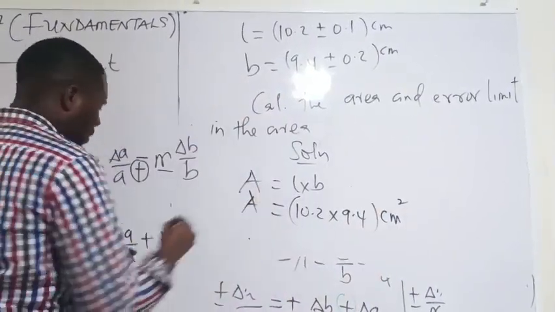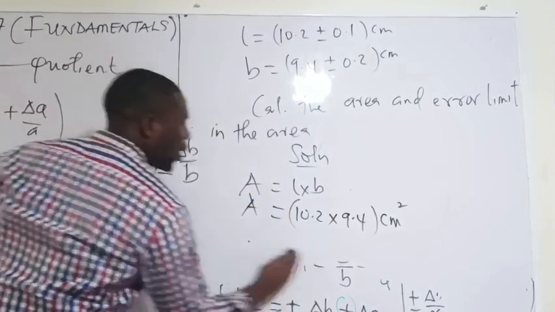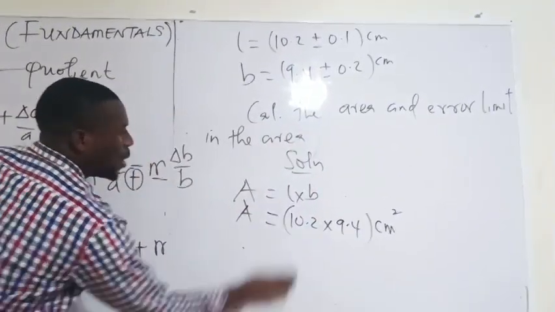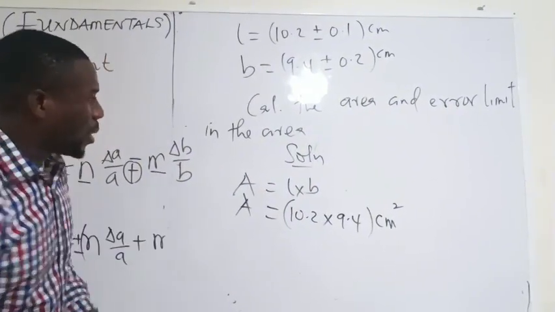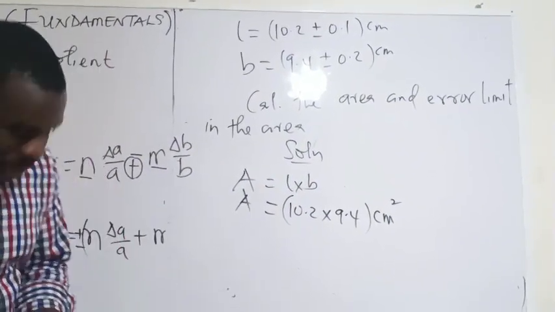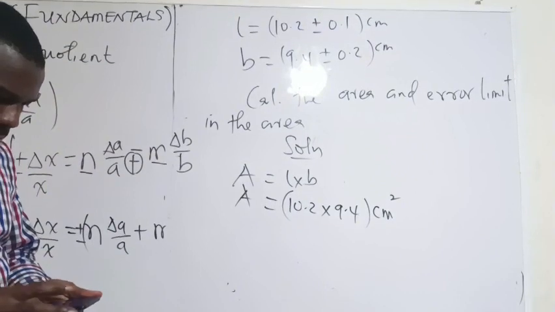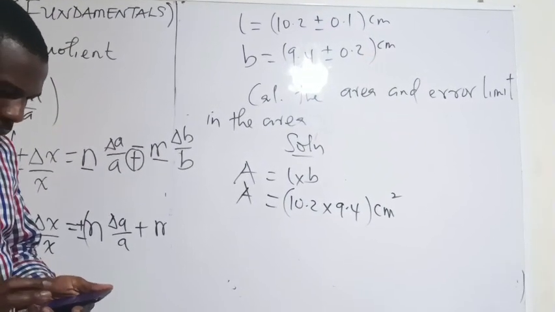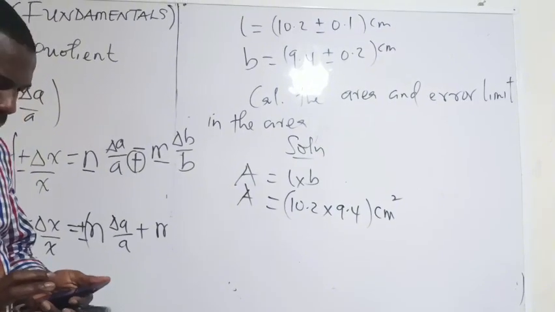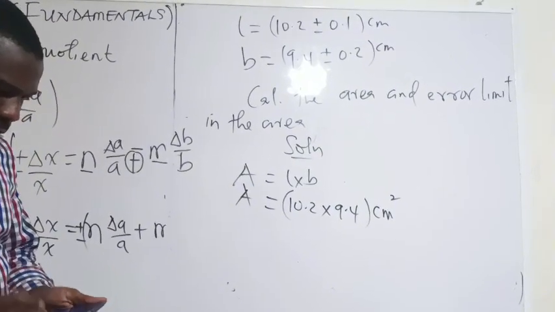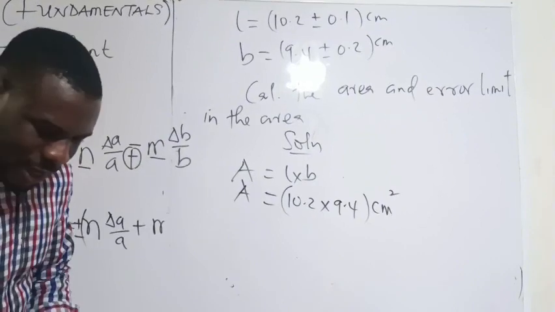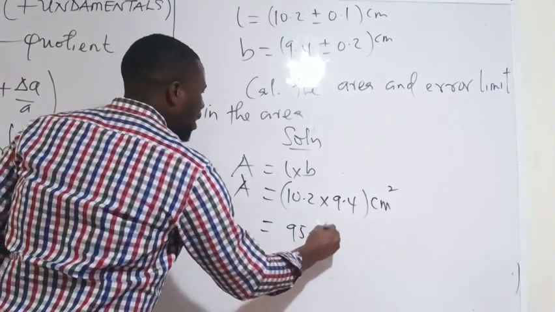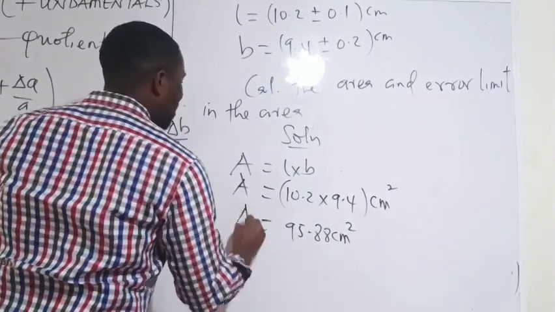So to multiply this out, I have 10.2 times 9.4, and the answer boils down to 95.88 squared centimeters. That is the area.